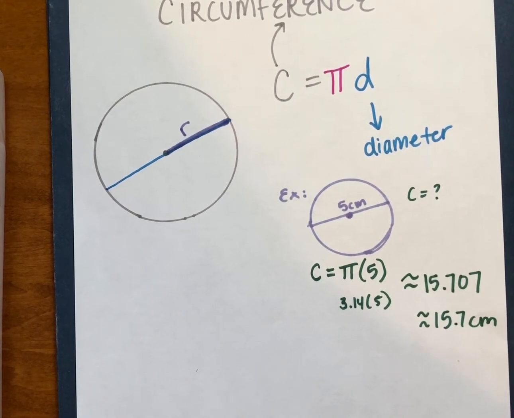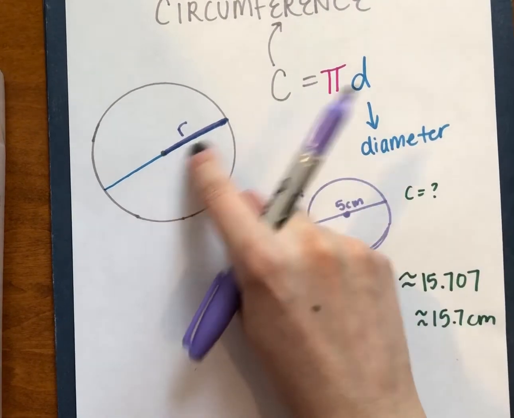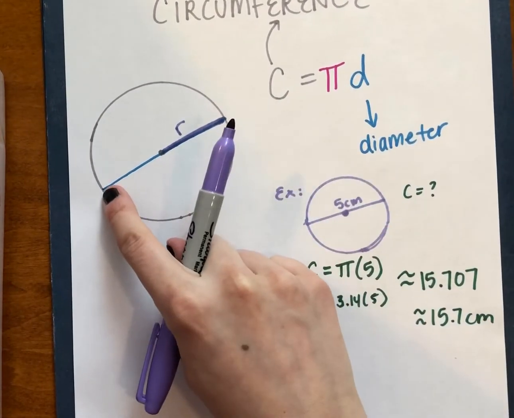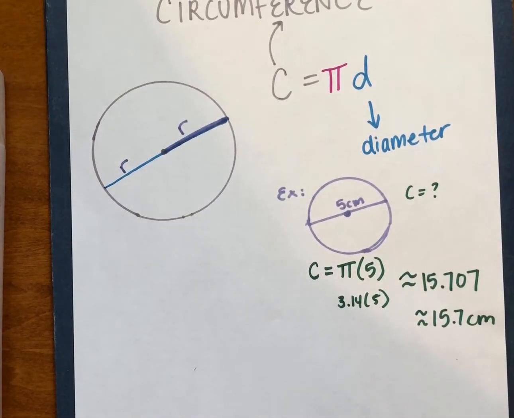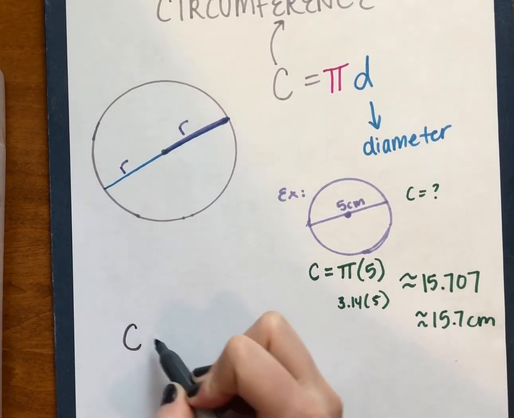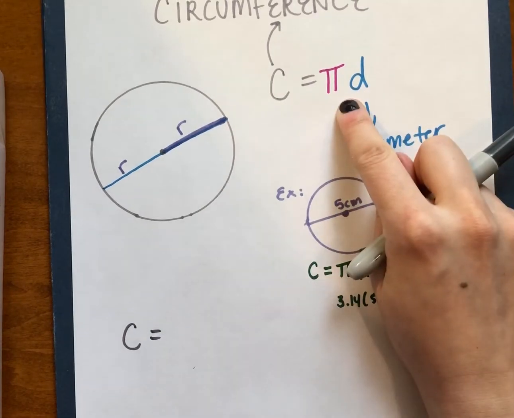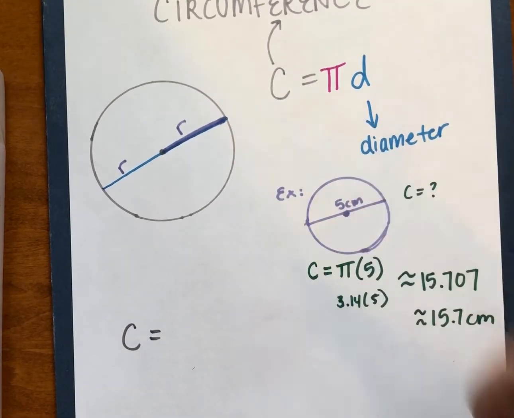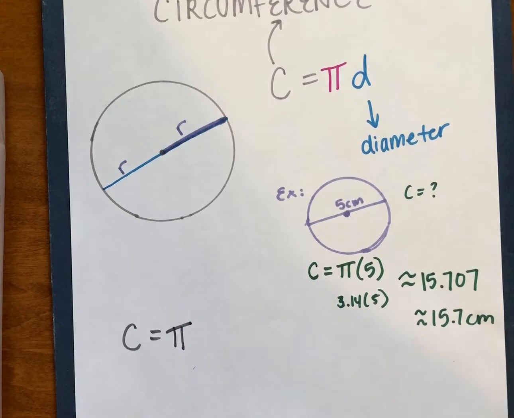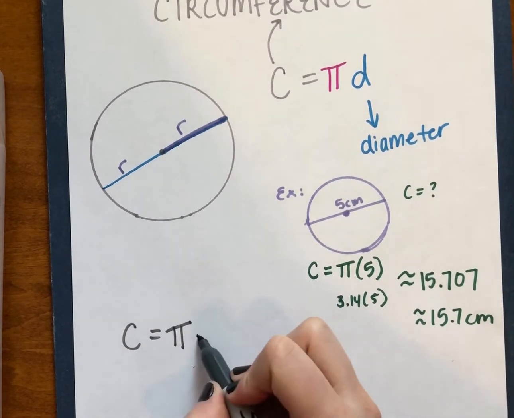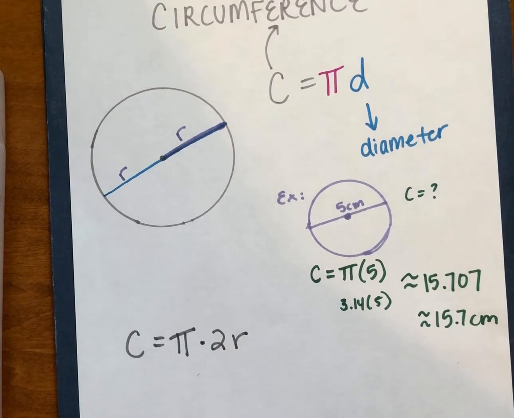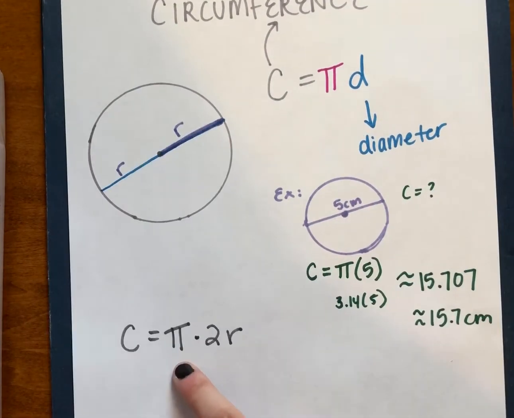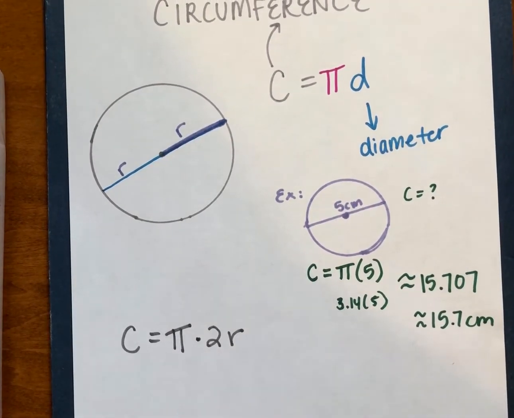So in a circle, the diameter all the way across is actually 2 radiuses. So in my formula for circumference, instead of diameter, I'm going to write in 2 radiuses. So for circumference, I have pi times 2 radiuses.